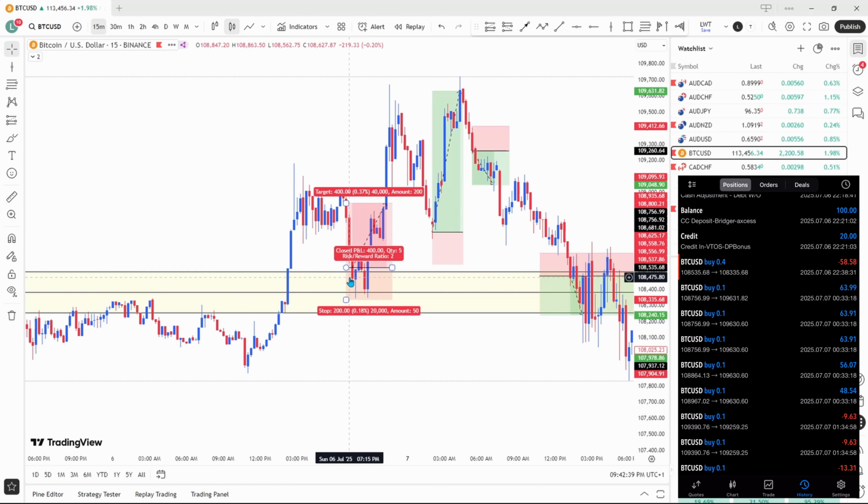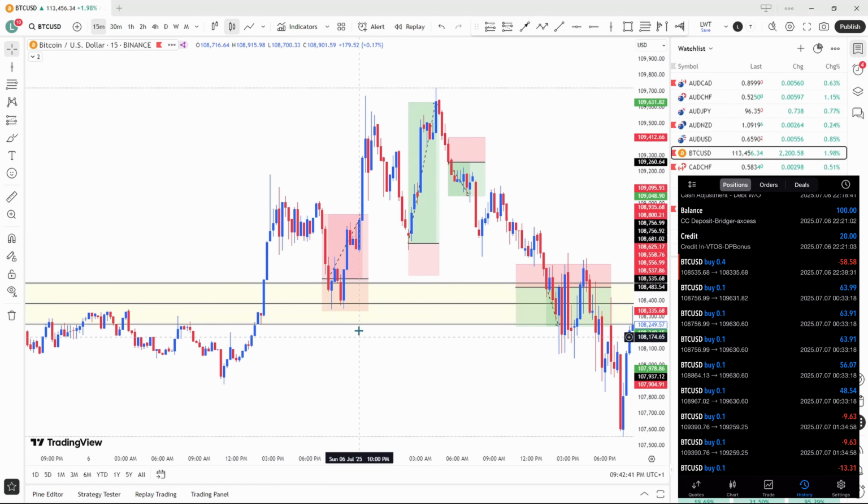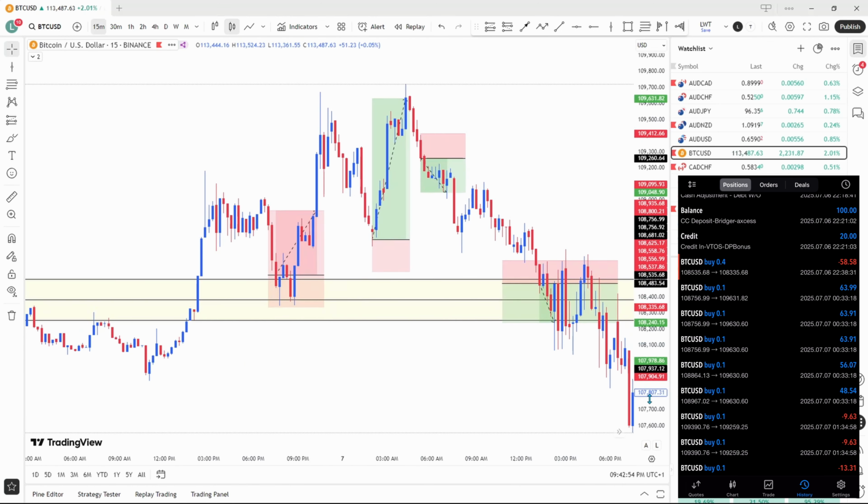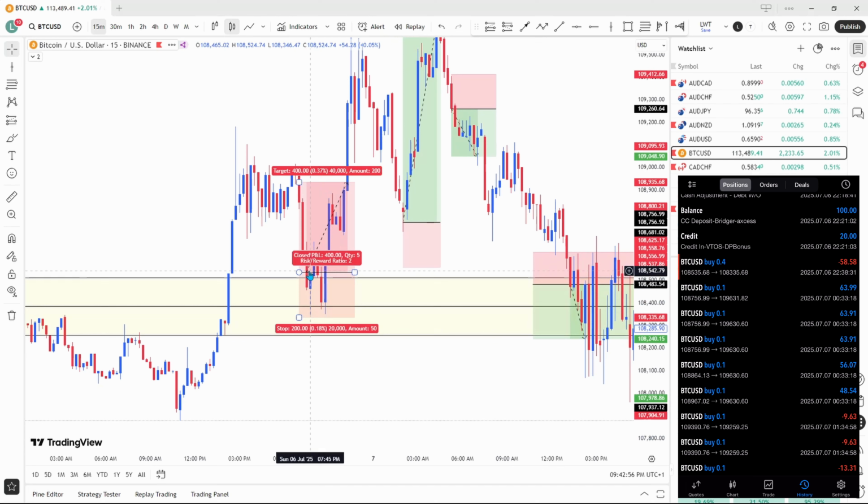It left my zone. I entered, I think it was about here. For some reason on here it says I didn't hit stop loss, but because of the spreads on your broker, it did hit stop loss. So I bought somewhere around this level. It pushed out of my zone, re-tapped in.